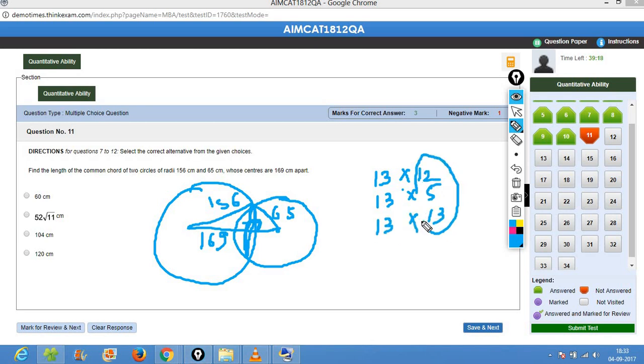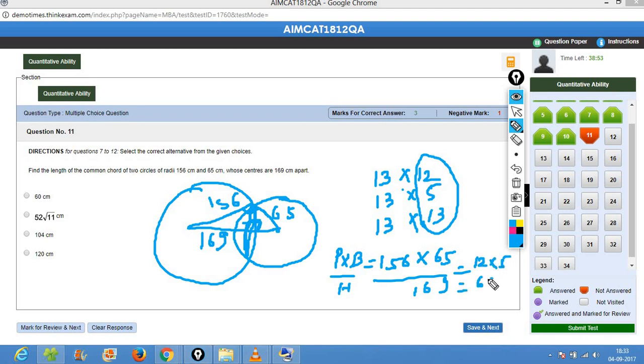So this is a Pythagorean triplet. That means this is a right angle triangle, and in a right angle triangle, the length of the altitude is equal to P into B upon H. So P is 156 into 65 upon 169. It comes out to be 12 into 5, 60.